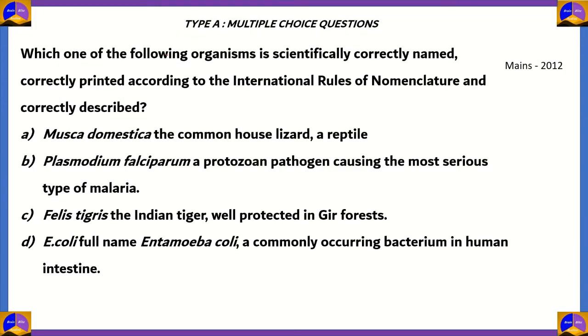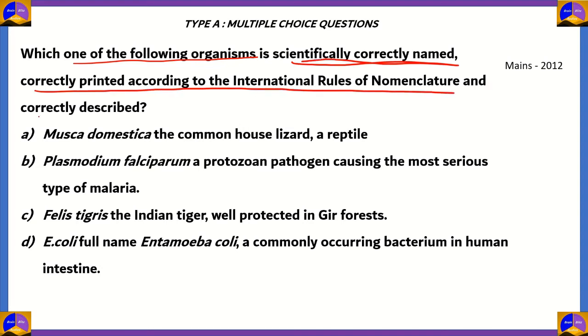Now, let's look at this particular question. Which one of the following organisms is scientifically correctly named, correctly printed according to their international rules, and correctly described? So, we have four options. Option A says Musca domestica, the common house lizard, a reptile.